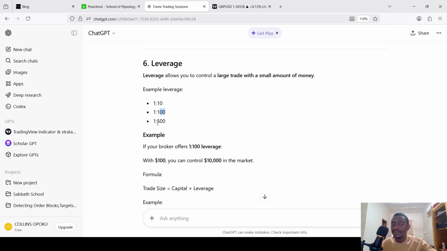So some people prefer going for higher leverages, but as much as leverage helps you, it can also kill you in a certain way, because it is just your pip movement that tells you the amount you lose. The best practice, mostly we go for 1:100 most of the time.